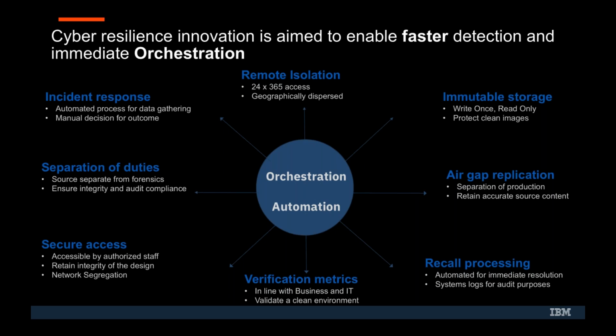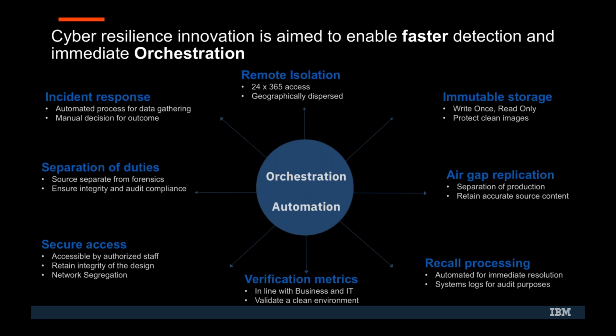A couple of things I'll just point out here. Immutable storage, using immutable storage for backups to protect your clean images, is a great way to make sure that attackers don't get in and affect both your production systems and your backup systems and cause you to have no further options.